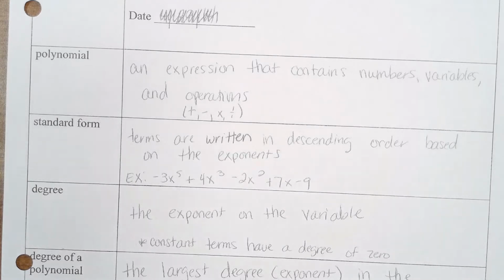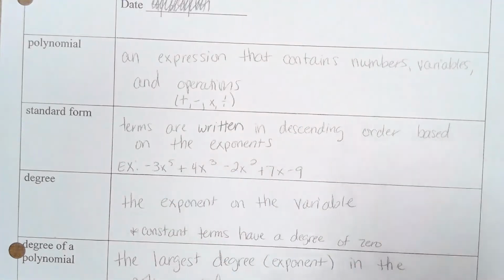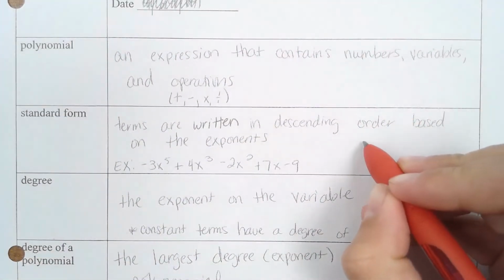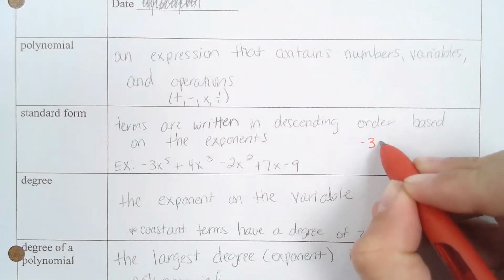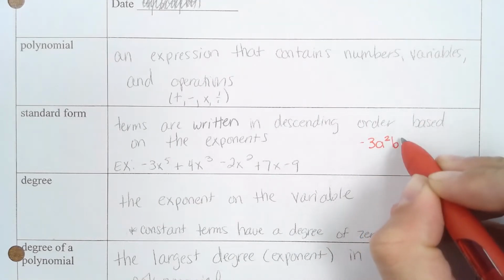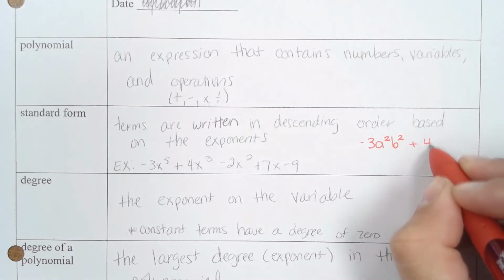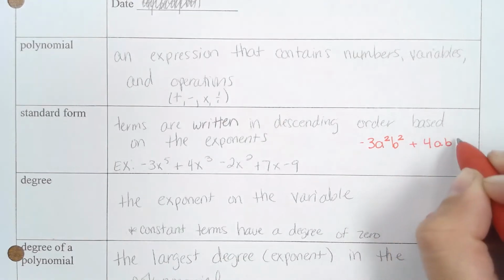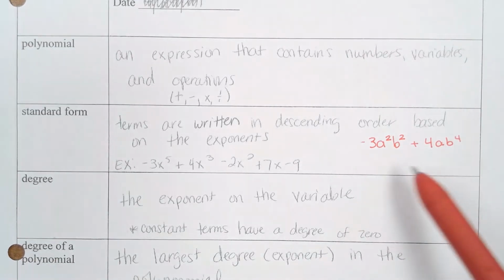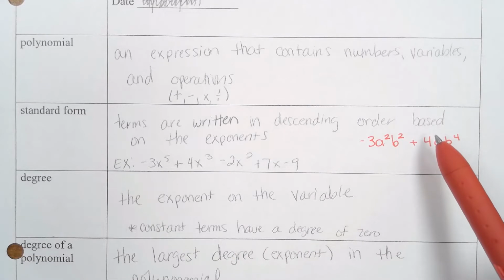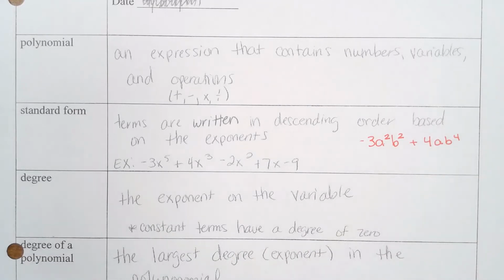Now, if we have a polynomial with different variables involved, like negative 3a squared b squared plus 4ab to the fourth, you're still always writing them in order based off of their exponents, and you do it in alphabetical order.